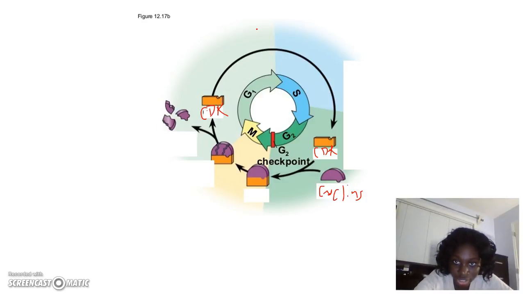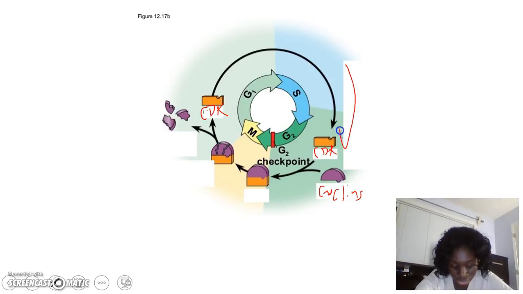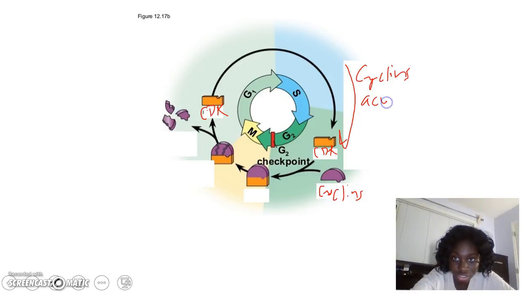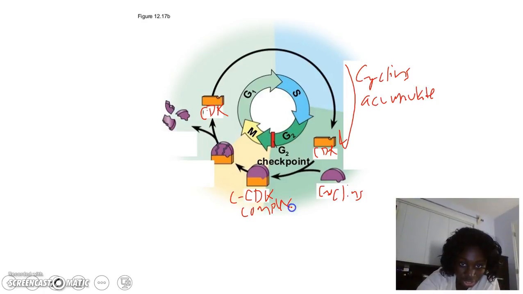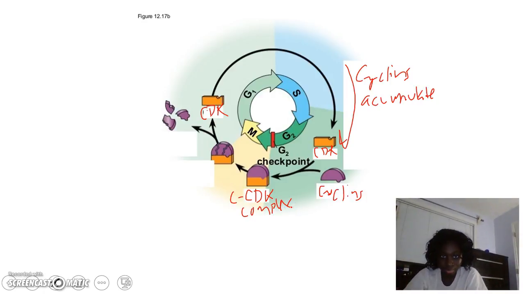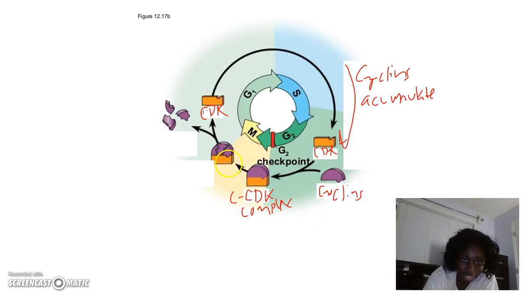But during the S phase, you can see that there's a buildup of cyclins. So the cyclin amount accumulates. Cyclins accumulate here during S. And during G2, you can see that cyclins and CDKs have bound to form this CDK-cyclin complex. And after mitosis, once again, the cyclin is degraded.